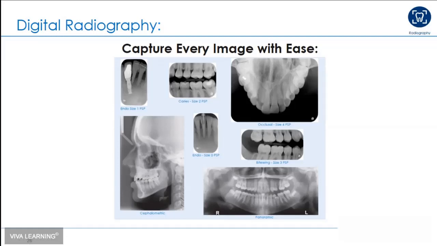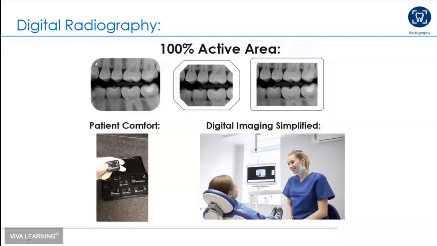It's a film that I've used on occasion, but traditionally I stick to my size 2 phosphor plates. Pediatric films are good for endo also, and especially in the anterior. And these are cephalometric and panoramic films that were taken with a phosphor plate on a traditional machine, but then became digital once we processed them in the ScanX Classic.